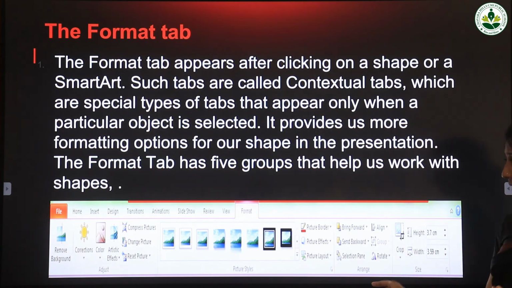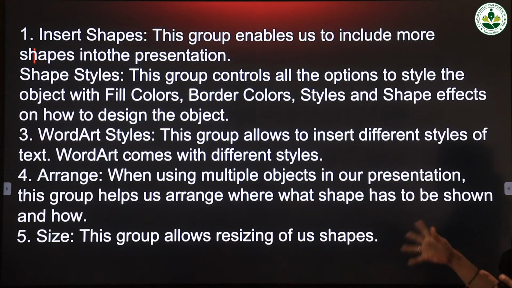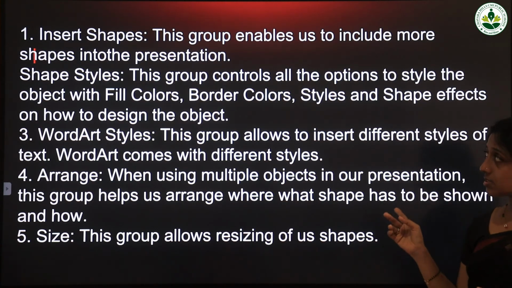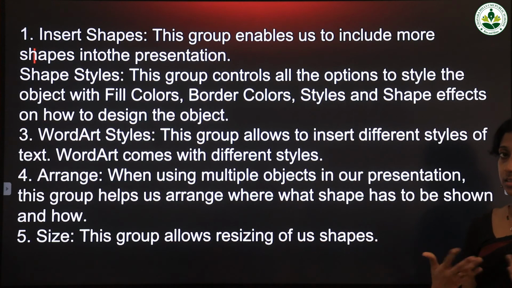The Format tab has five groups. The first one is Insert Shapes, next is Shape Styles, third is WordArt Styles, fourth is Arrange, and fifth is Size. First, Insert Shapes: this group enables us to include more shapes into the presentation. Next is Shape Styles.